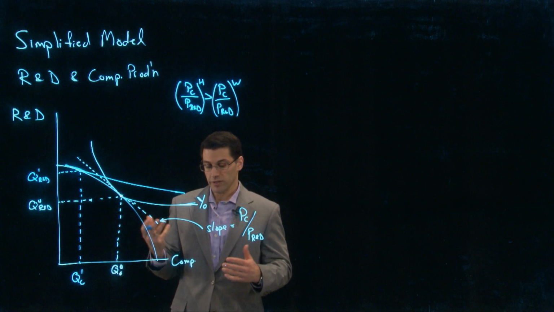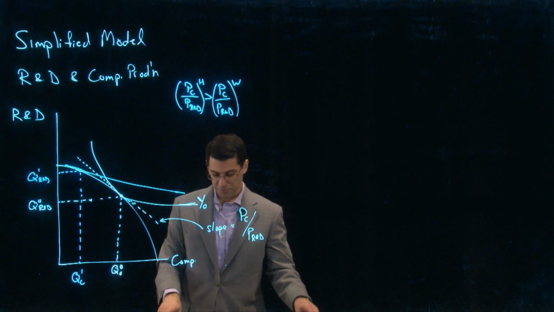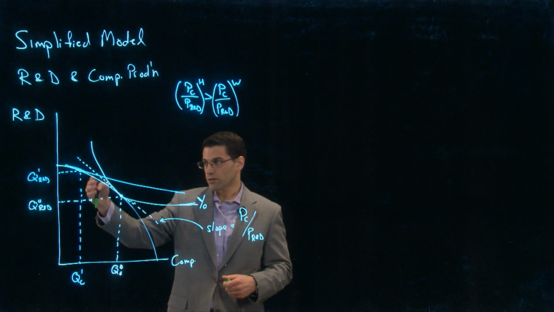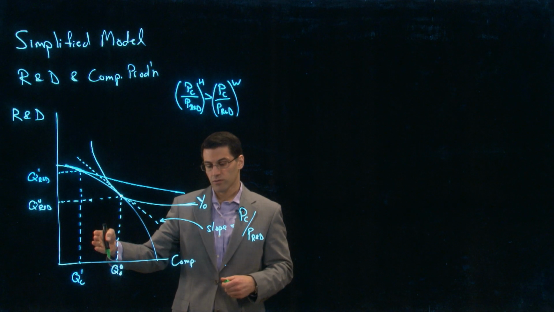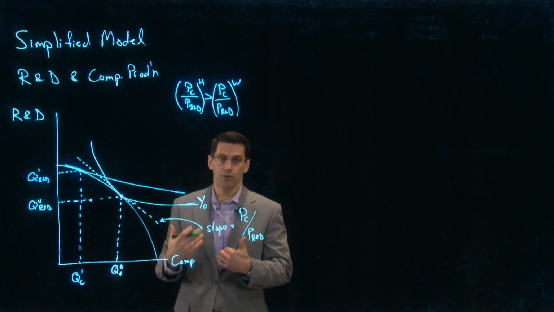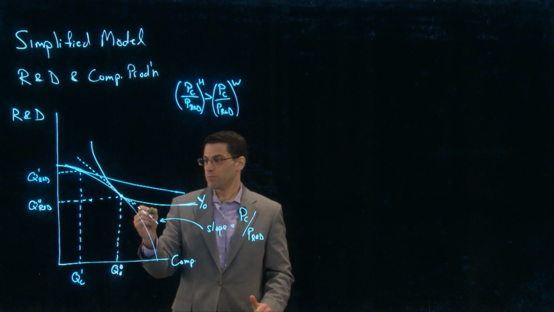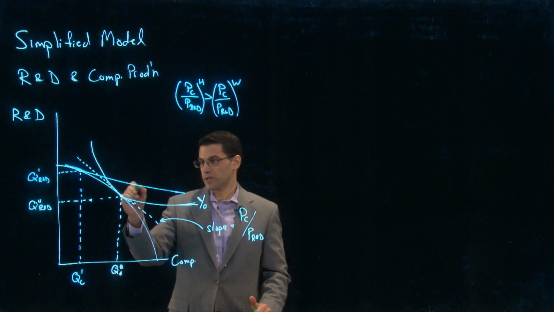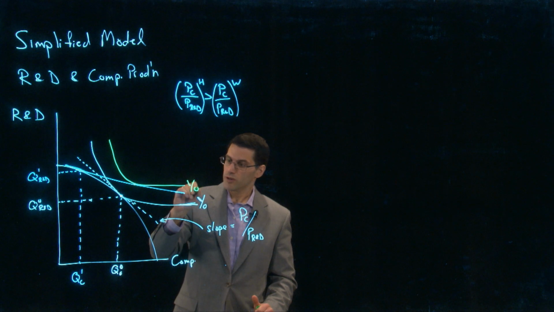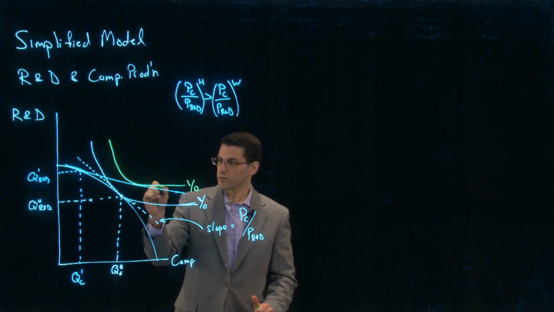And so what does that mean in this case? Well, we're producing here, and then we're going to trade R&D for components. In other words, we're going to export R&D and import components. And we might end up, say, somewhere like here, which is on a higher isoquant.